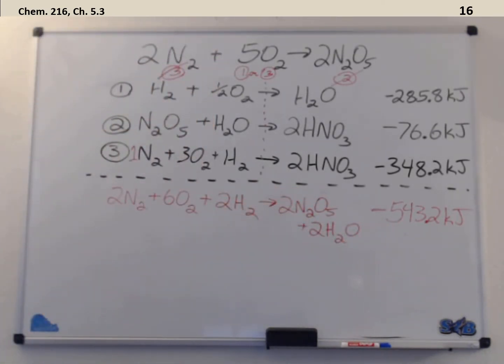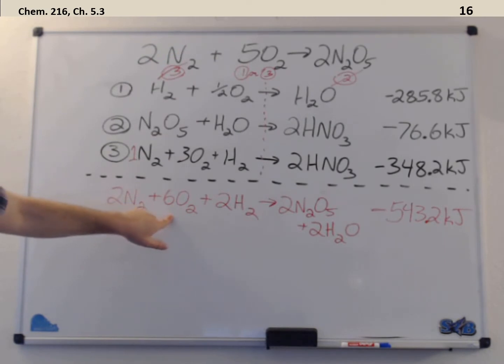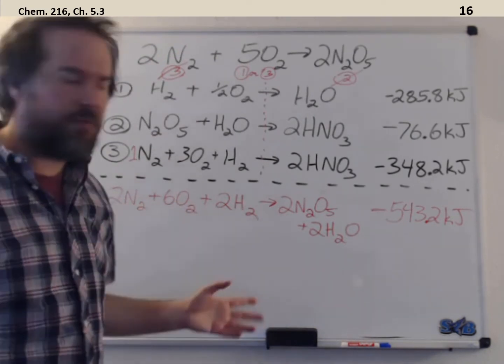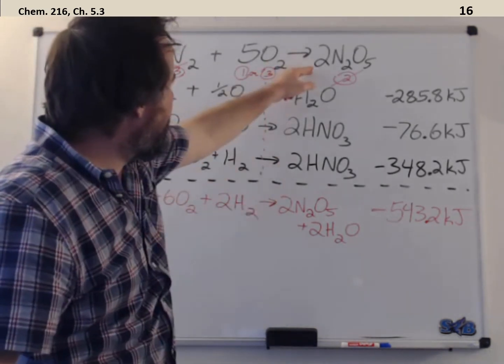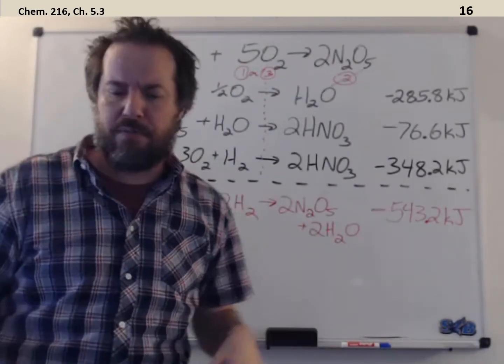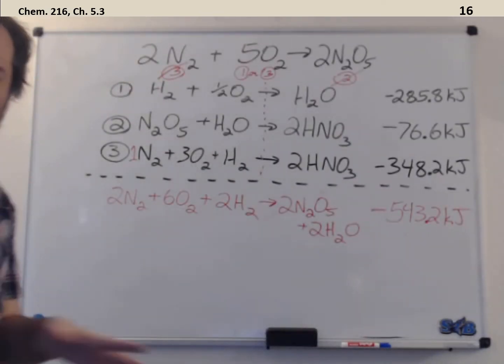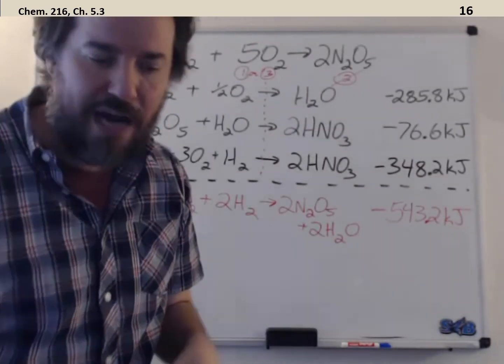Now I look at this and compare it to this. I have N2 in the right spot, in the right amount. I have O2, but I have too much. I have this H2, which I need to get rid of. The N2O5 is in the right spot, but I still have this H2O. This reaction is not the same as the target; it's pretty close, but not quite there.